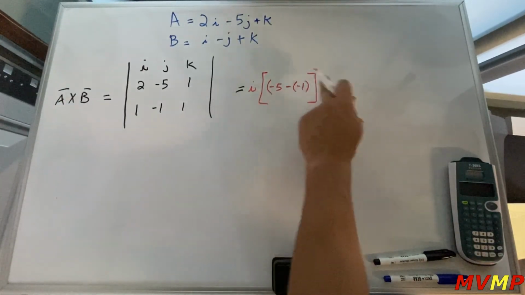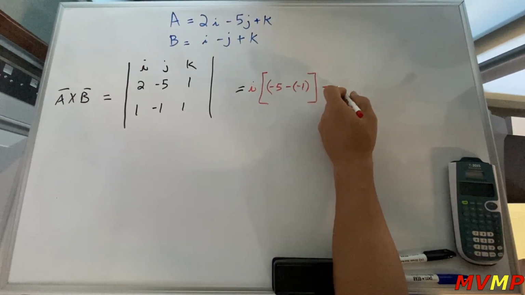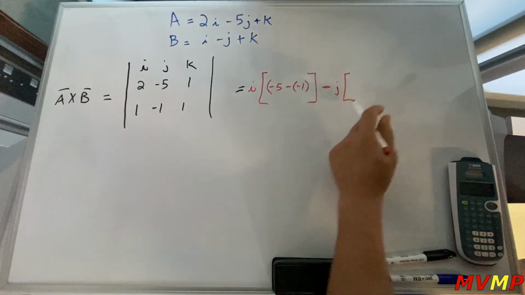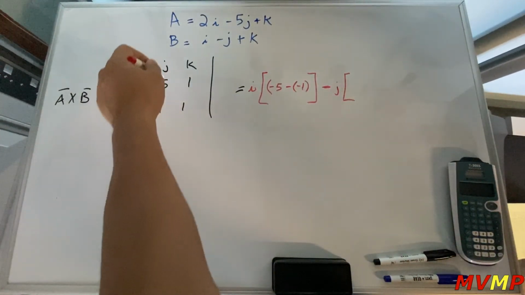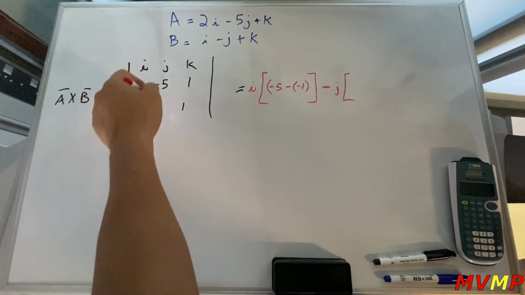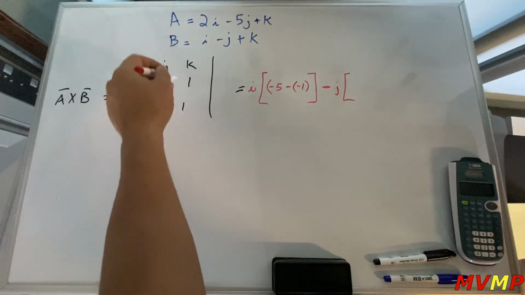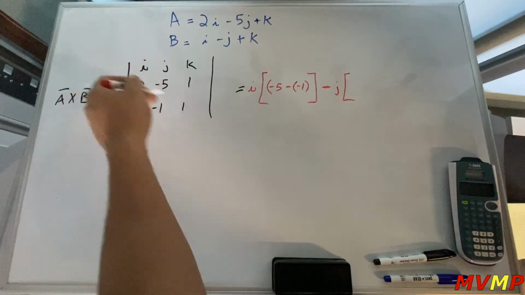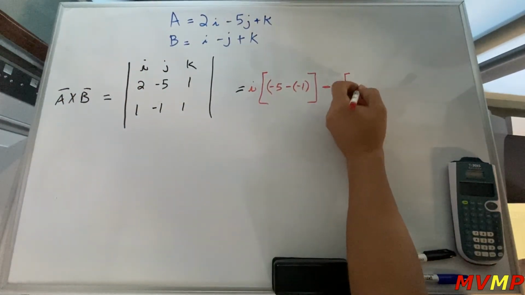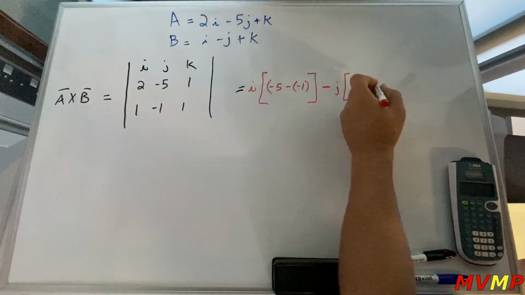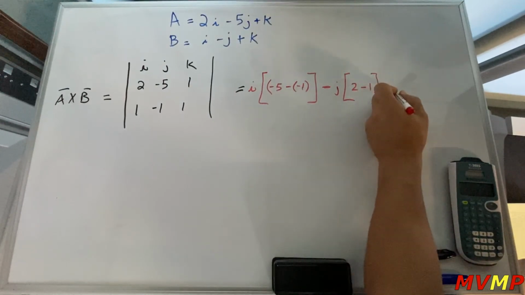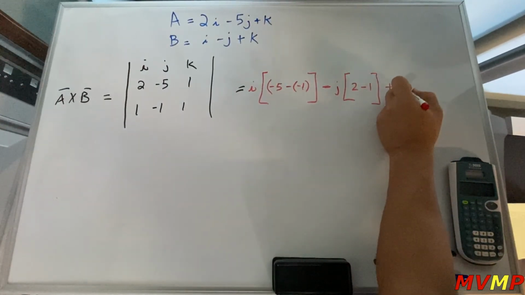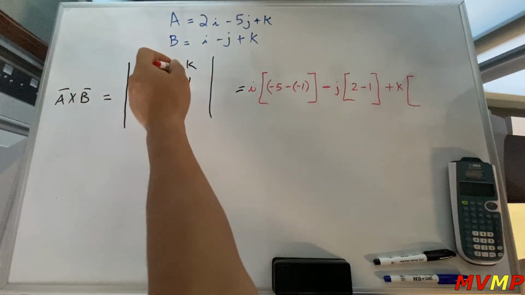So the first one's positive, the next one is a negative. And when you're doing this one, you ignore these two right here. So you do this times this minus this times that. So 2 times 1, 2, minus 1 times 1, 1. Then you go back to plus. You ignore this.